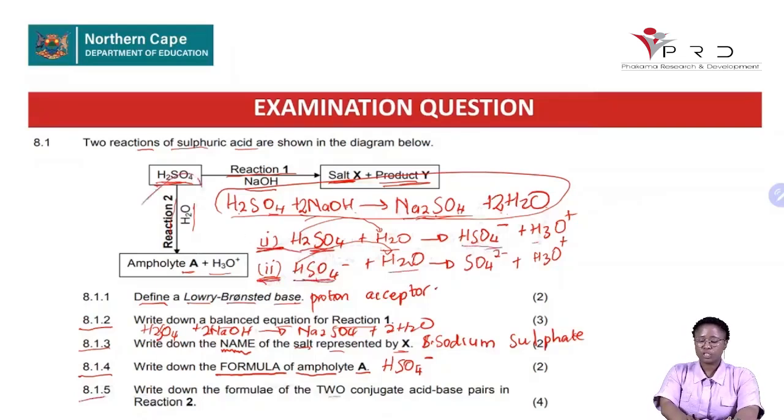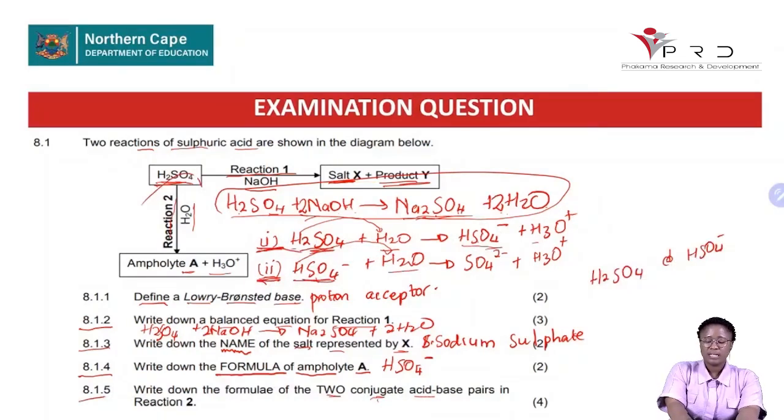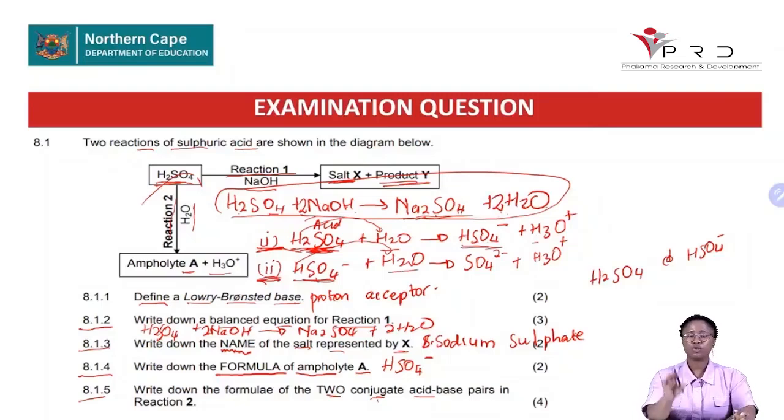The first pair is the pair between H2SO4 and HSO4 minus, because as we have seen, H2SO4 is an acid because it has donated, and then HSO4 minus becomes the conjugate base. That is the first pair.